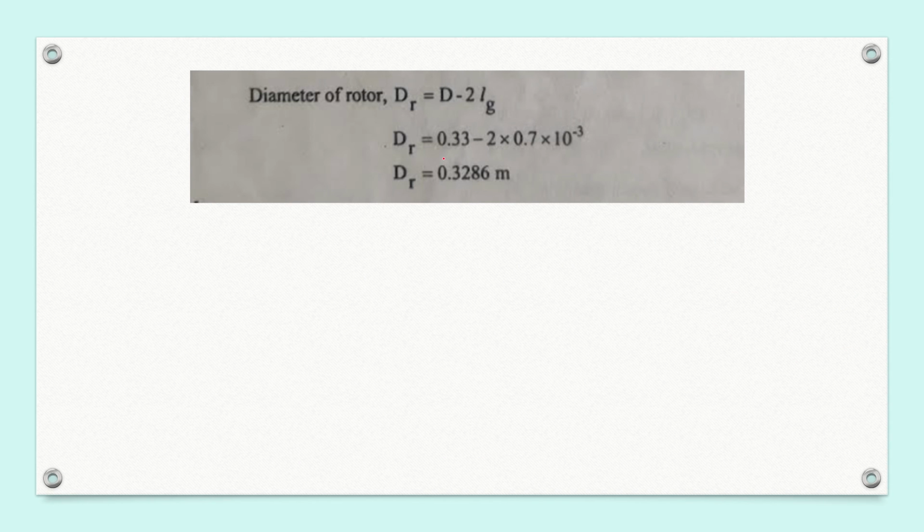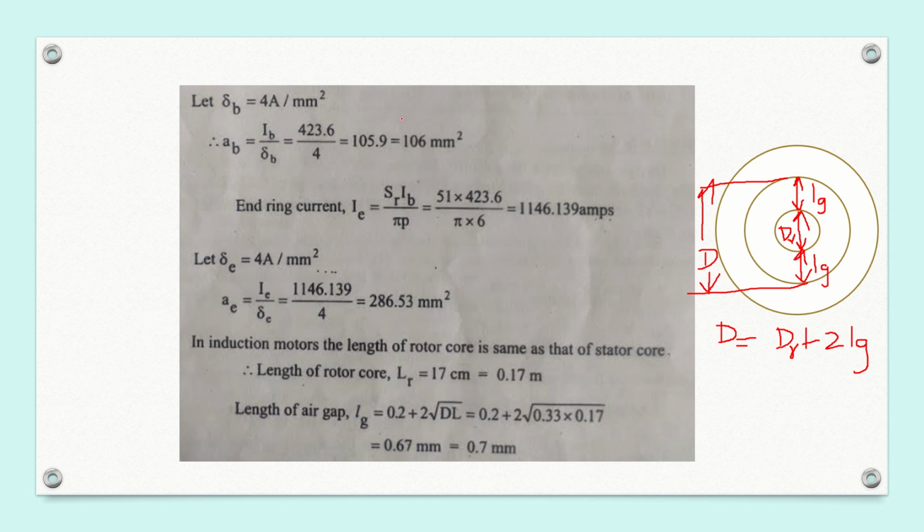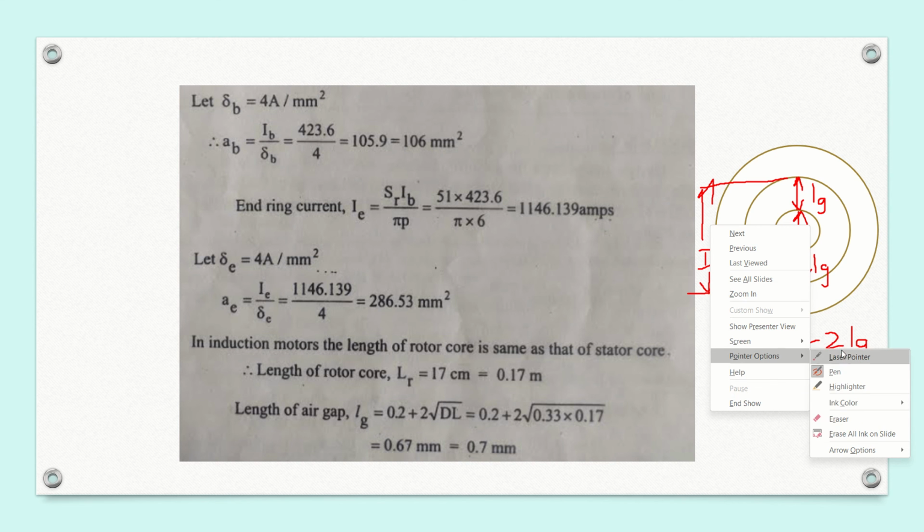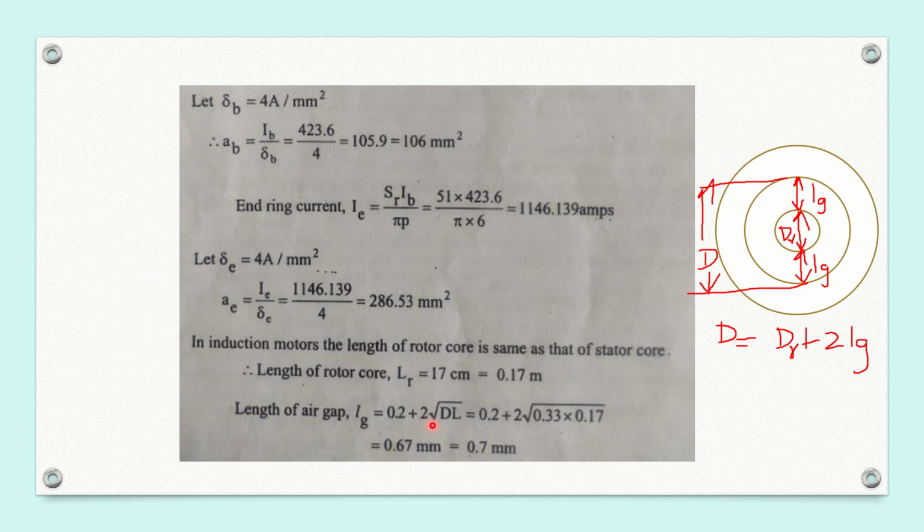Now we can calculate the rotor diameter Dr as stator diameter minus 2 times the length of air gap. So for that we need to calculate the length of air gap Lg. There is a formula for calculating the length of air gap in induction machines, that is 0.2 plus 2 into square root of DL, where D and L are the main dimensions, the stator bore diameter and the length of stator core, which are already given as 0.33 meter and 0.17 meter.